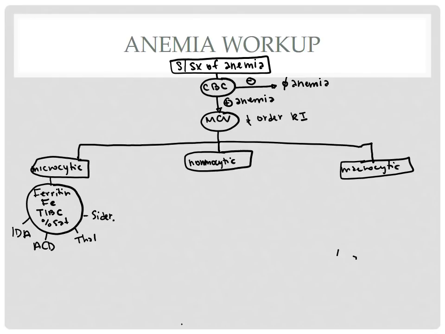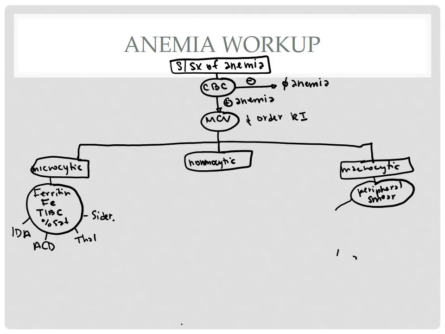If you happen to have a macrocytic anemia, the next step would be to order a peripheral smear. And the reason you order a peripheral smear is you want to look at the neutrophils.